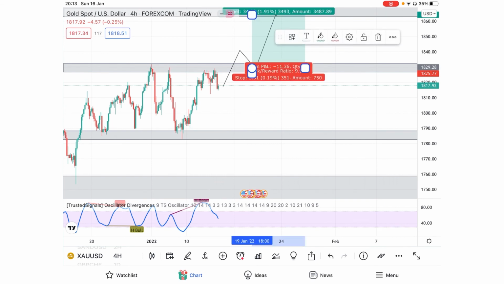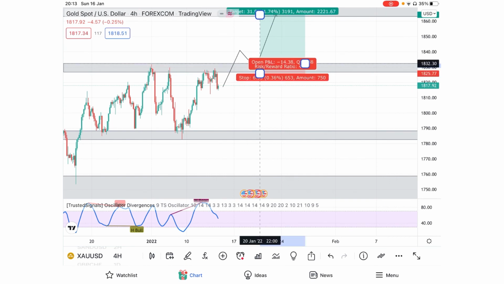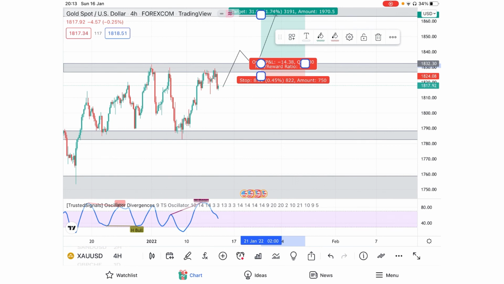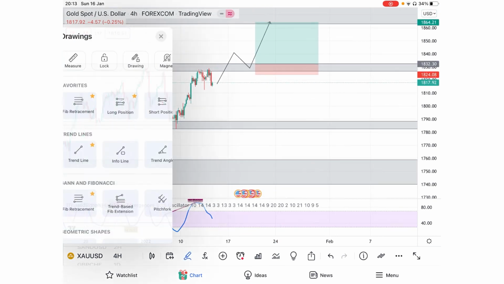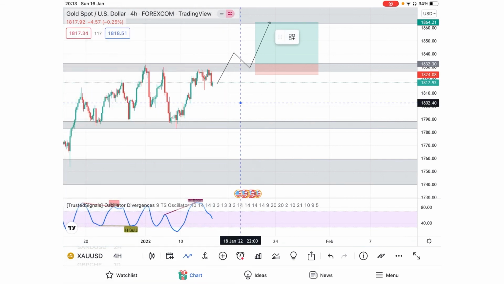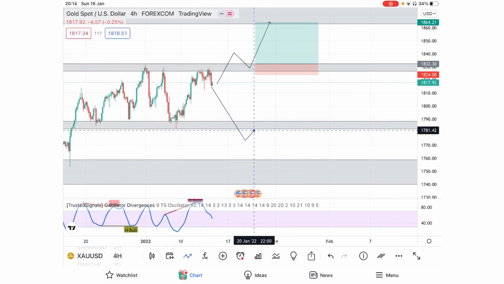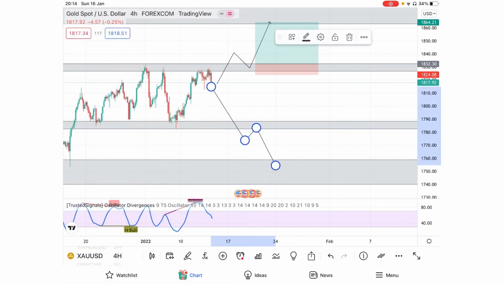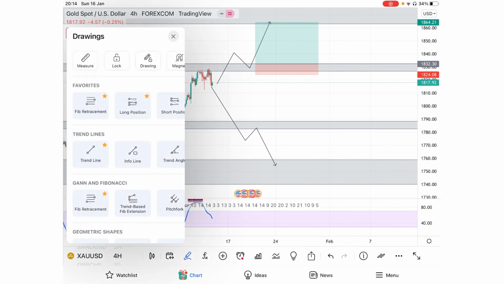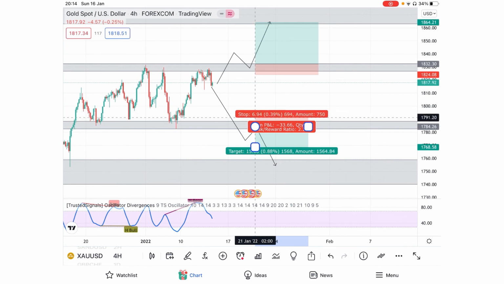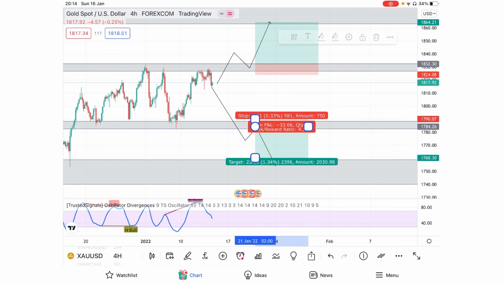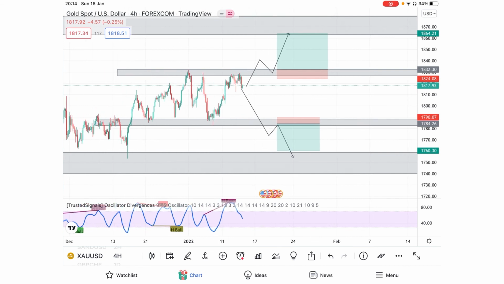Let me put a bigger stop loss, that would be a 1 to 4 risk to reward. Or you could wait for gold to do this, boom, boom, boom, and enter a short position right here, stop loss right here, take profit right here, also for a 1 to 4-ish risk to reward.